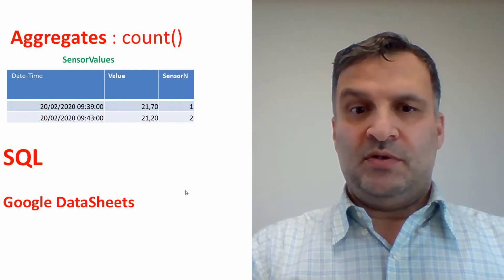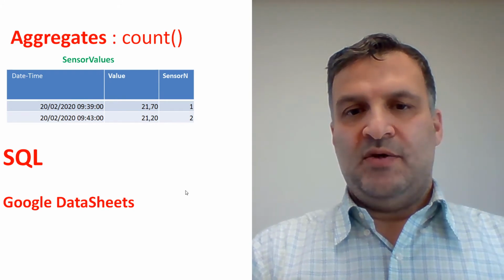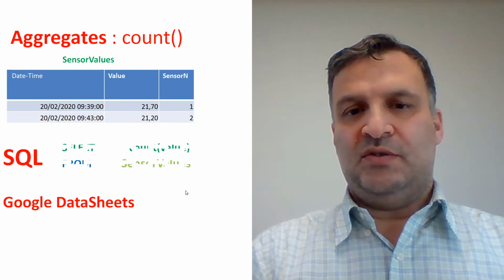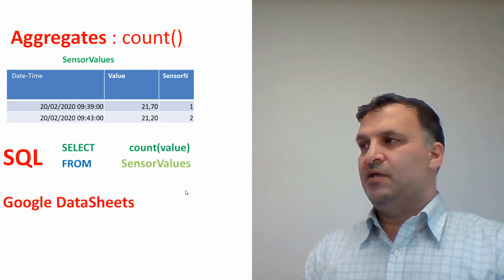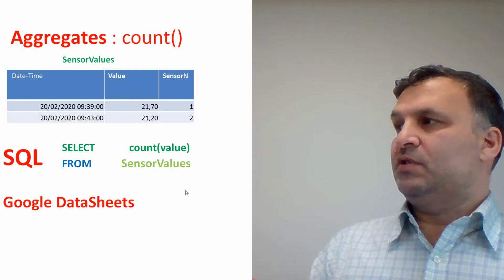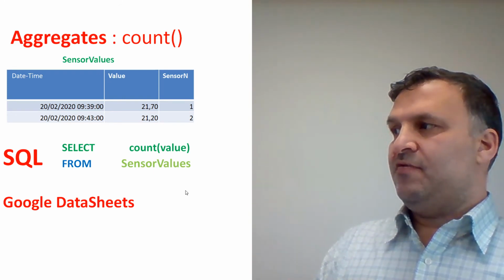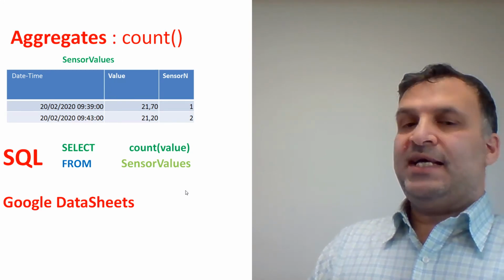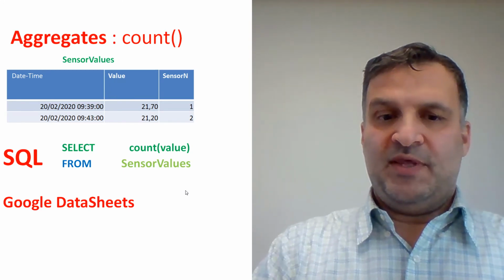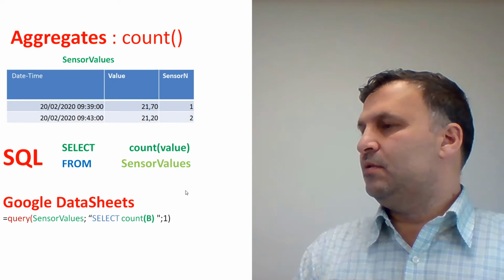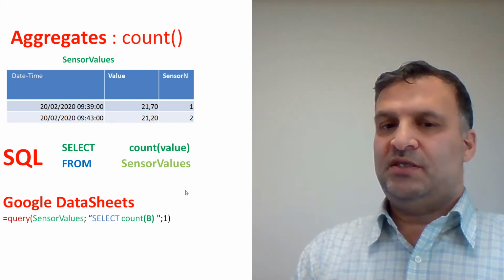Count is very important. It is to know how many lines we have related to some filter. So if you want in SQL to know how many values we have, we can use the same thing in Google Sheets.